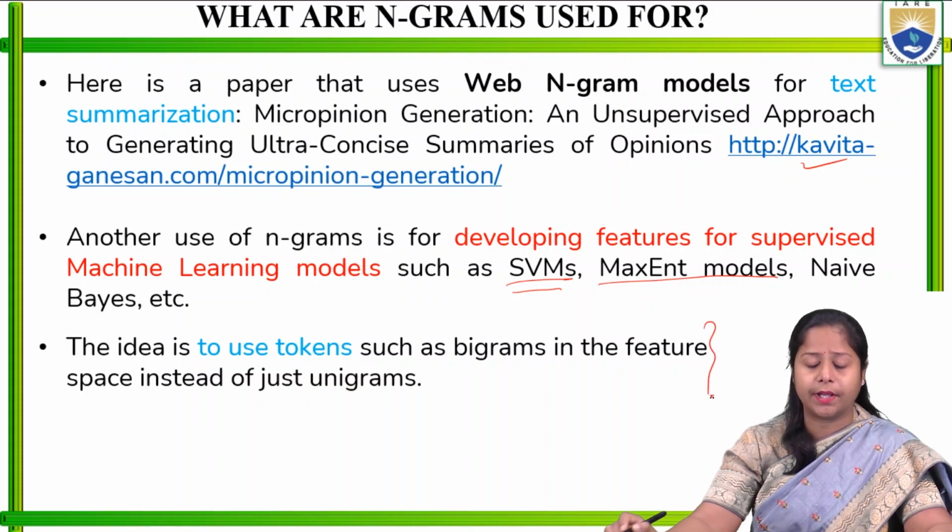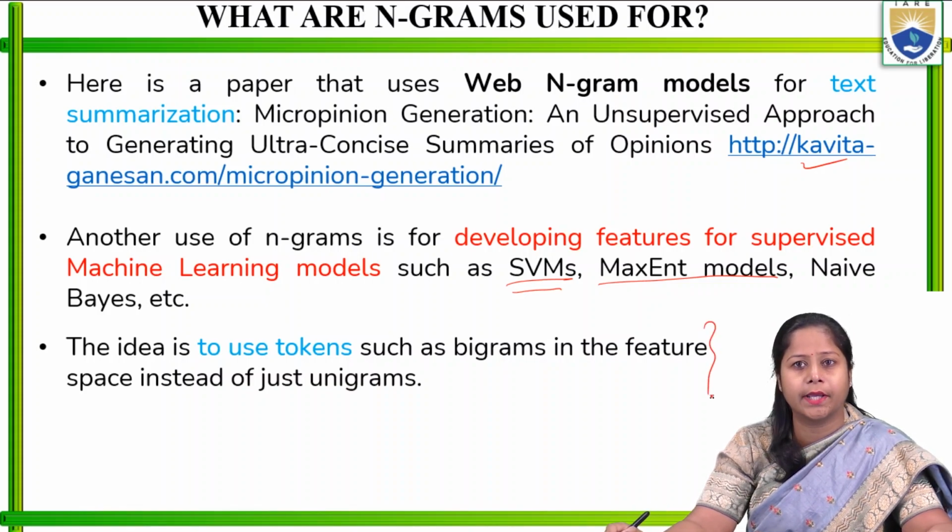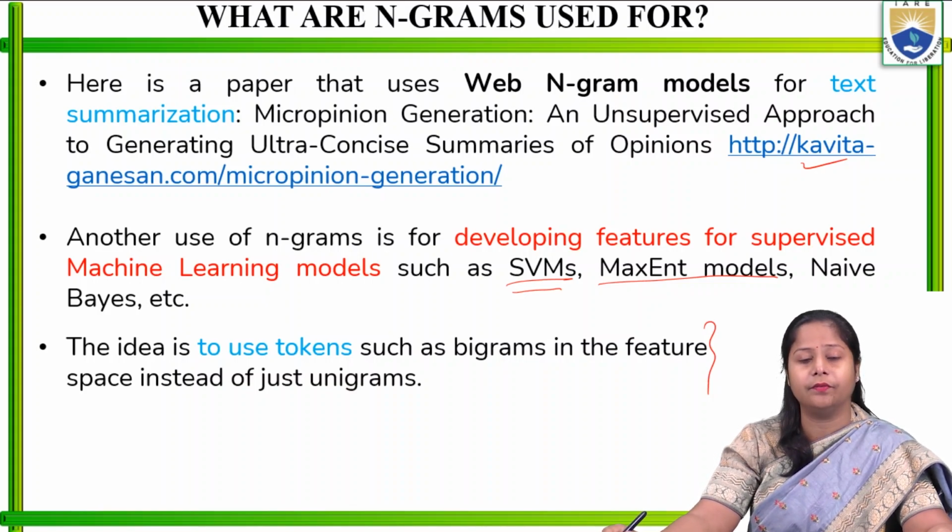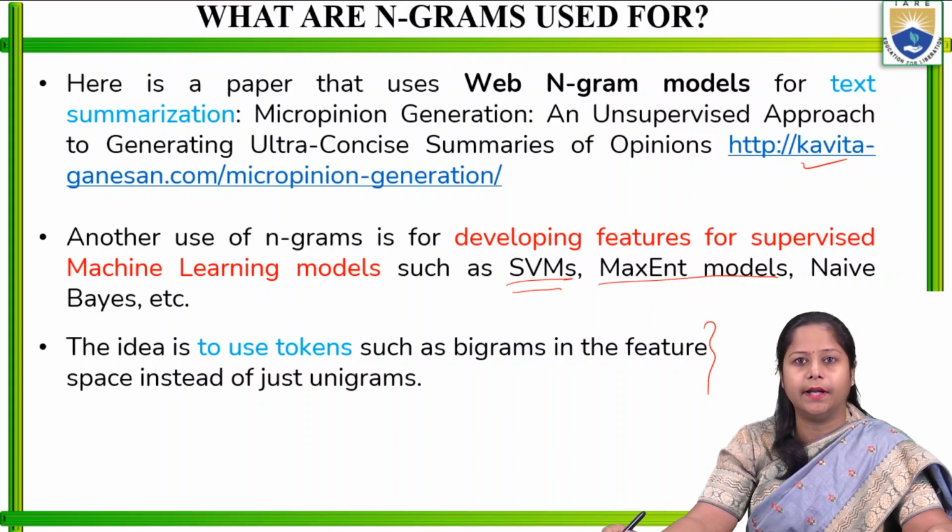The idea is to keep tokens such as unigrams, bigrams, and other n-grams in the feature space instead of just unigrams. That is how the tokens can be separated.